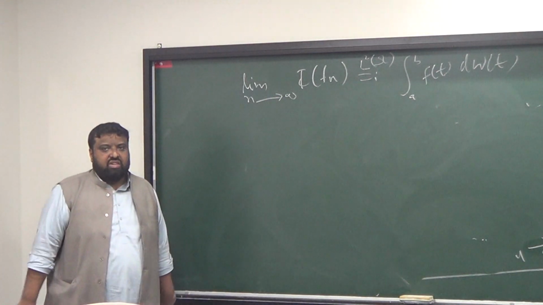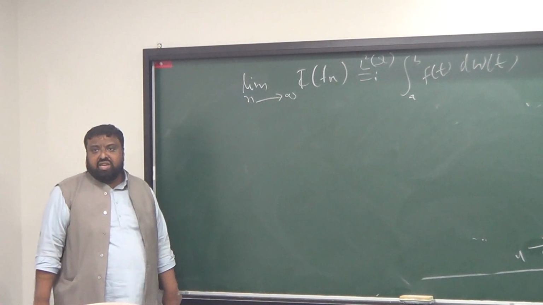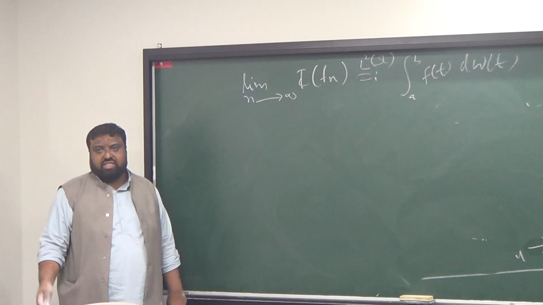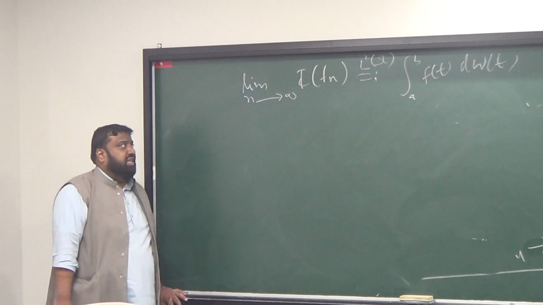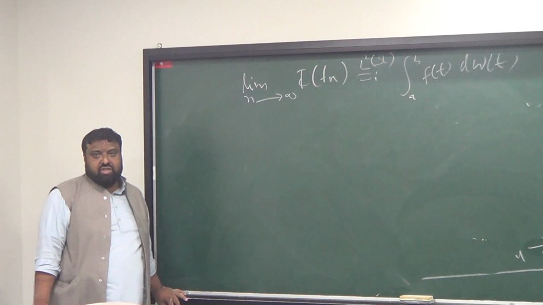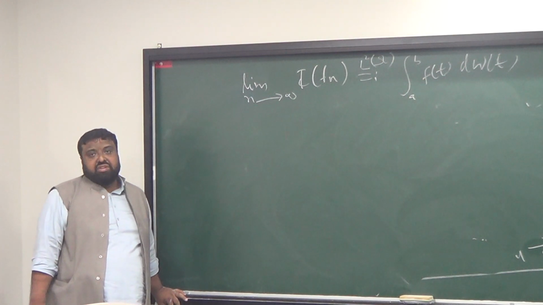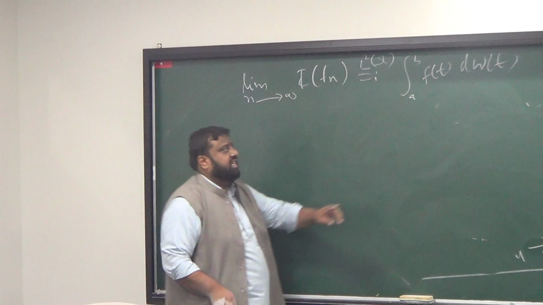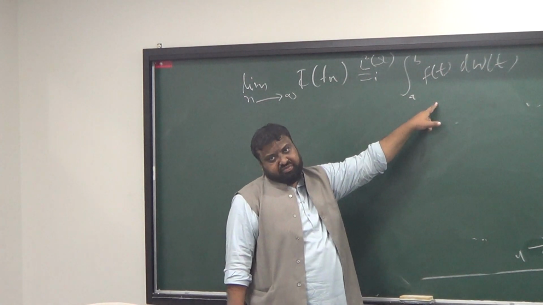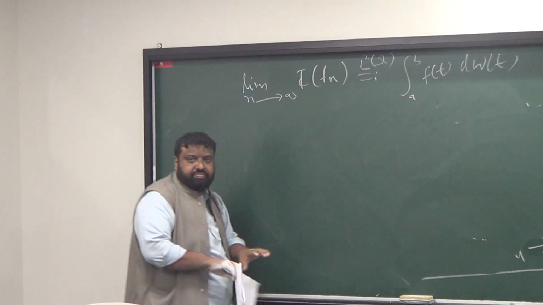Okay? Obviously you can ask a question, is it well defined? You can prove easily that yes, it is well defined, in the sense that if you take any other step function that approximates f, you're still going to get precisely the same limit.